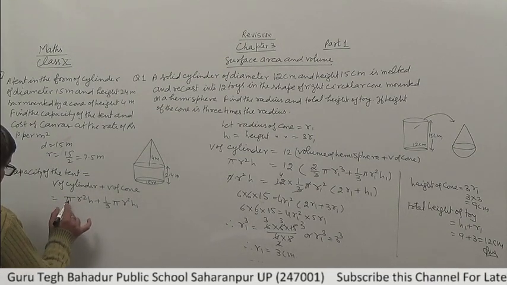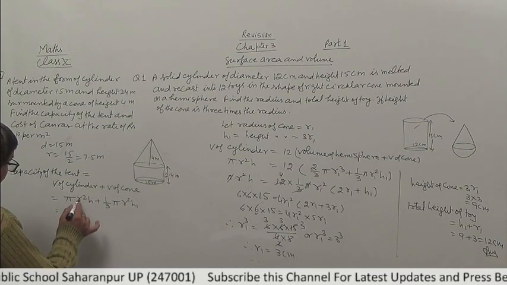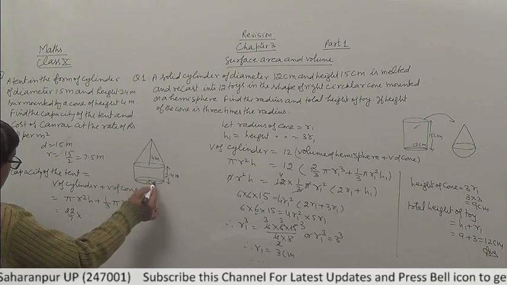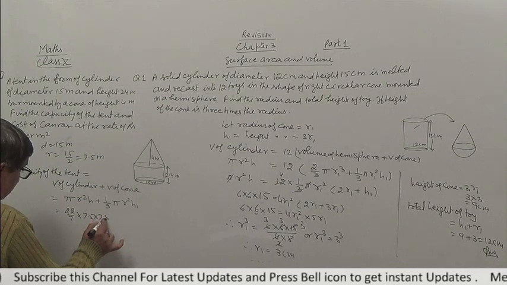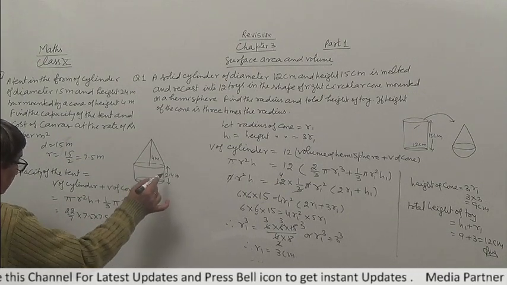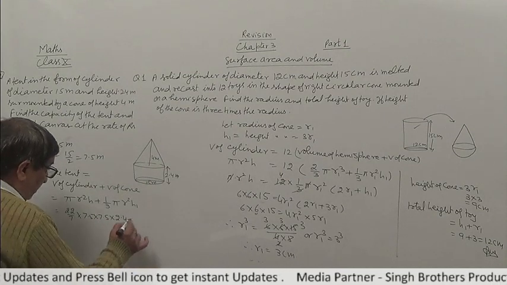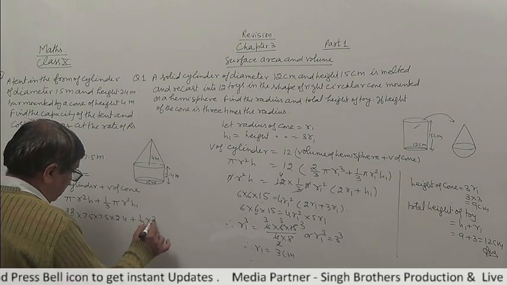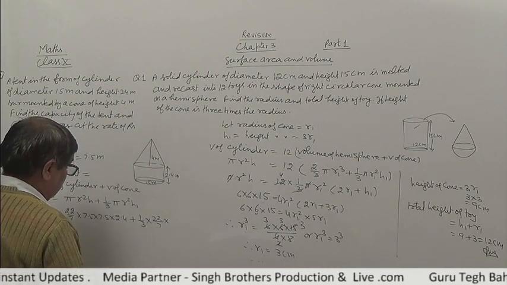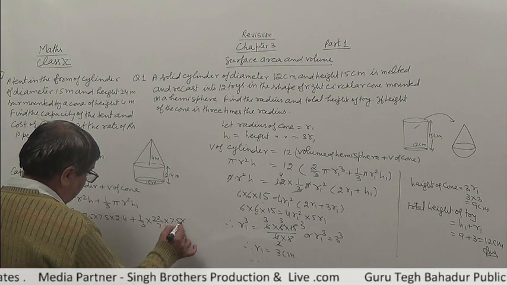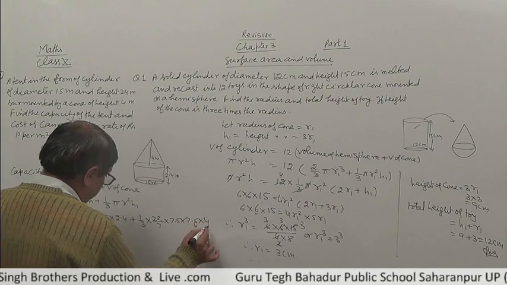Pi is 22 upon 7, radius 7.5 into 7.5, height 2.4. Here 1 upon 3 into 22 upon 7, radius 7.5 into 7.5 into 4.